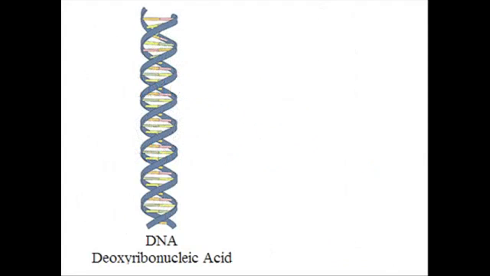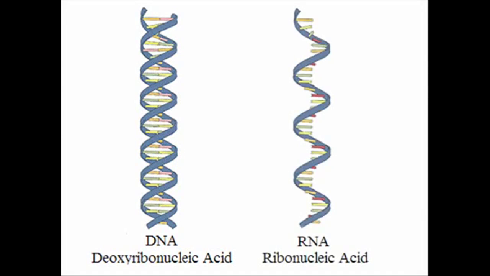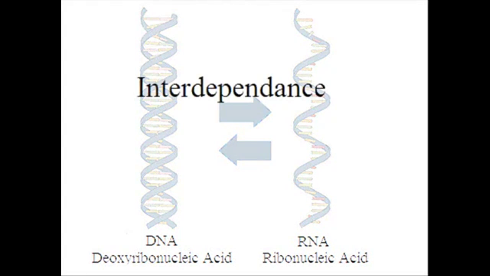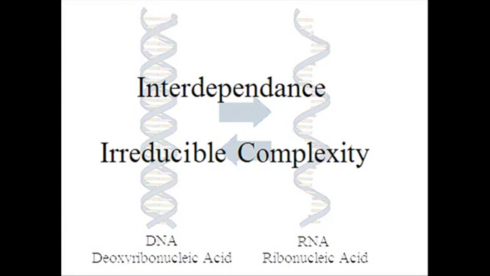Furthermore, DNA is interdependent with RNA because the information of DNA is transcribed to produce the RNA molecule. The RNA molecule's information is then used to create the molecular machinery of the cell. Therefore, the RNA molecule is interdependent with the DNA molecule. Neither can exist without the other. This is interdependence and irreducible complexity, which cannot be broken.